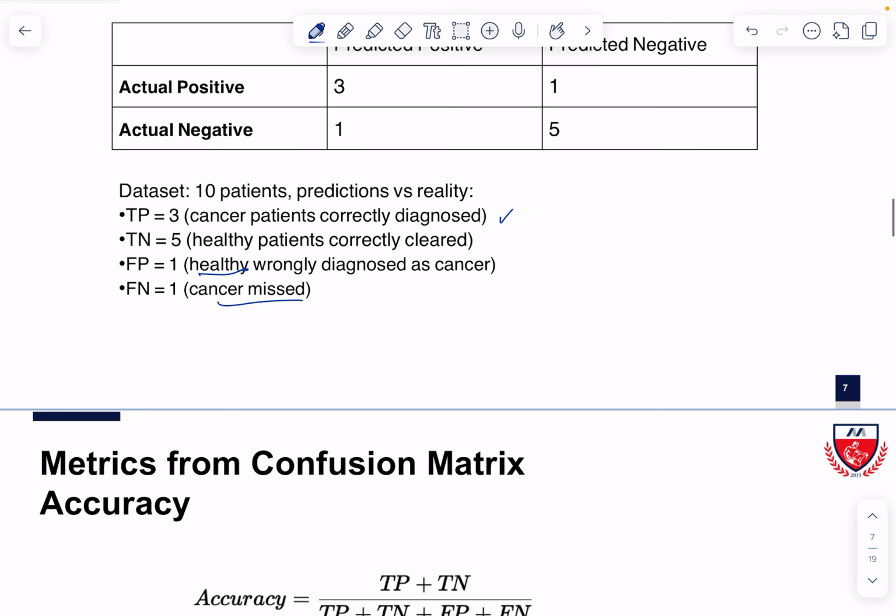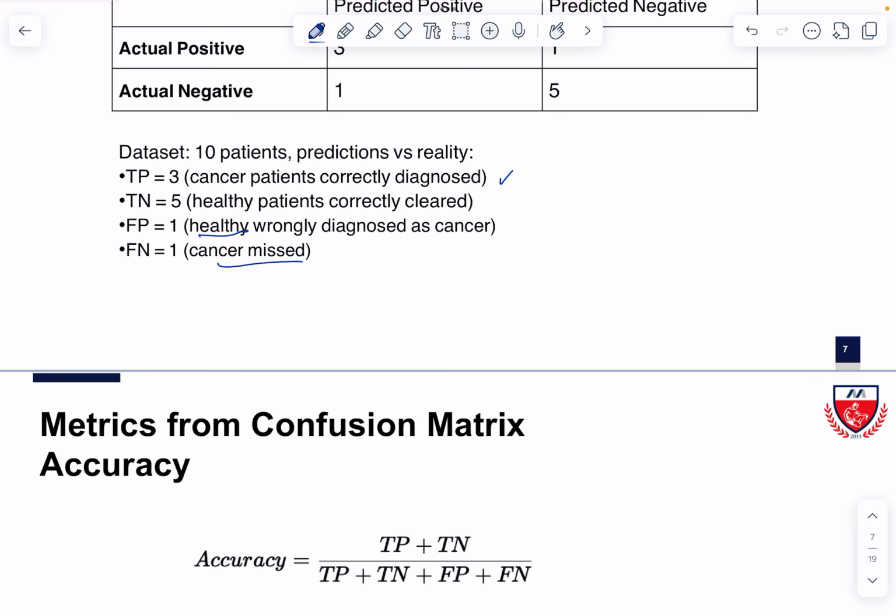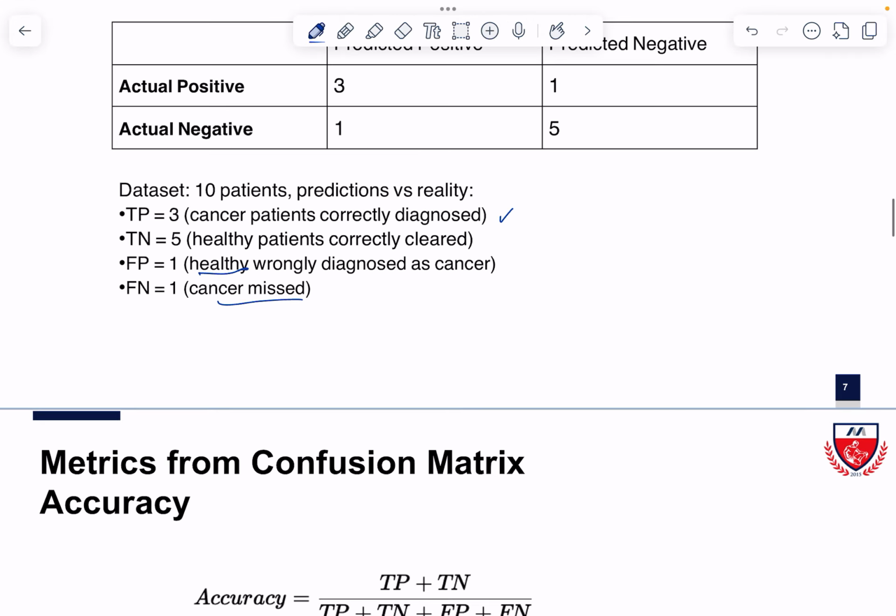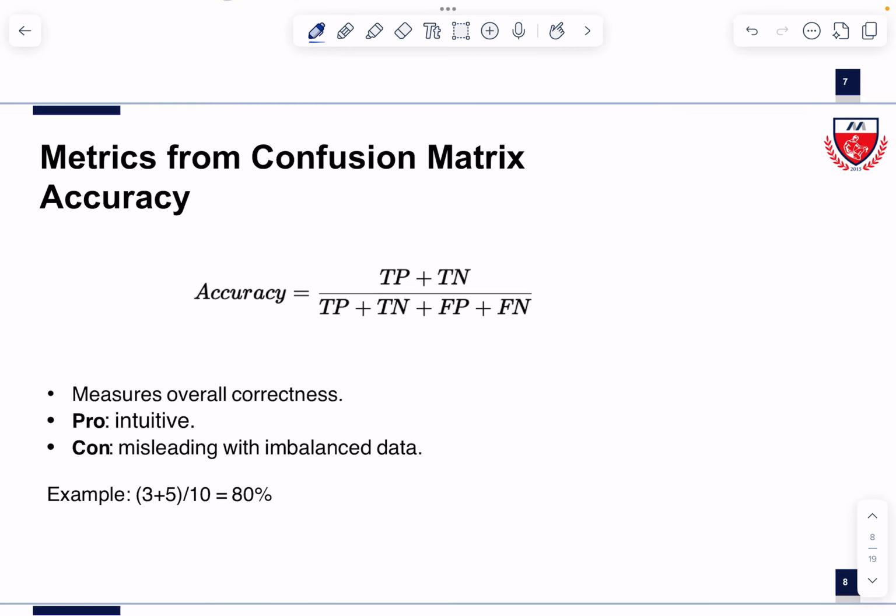So earlier, we have seen that often the true positive and the true negative are detected correctly. That's 8 out of 10, meaning eight correct predictions. That's the total accuracy, right?